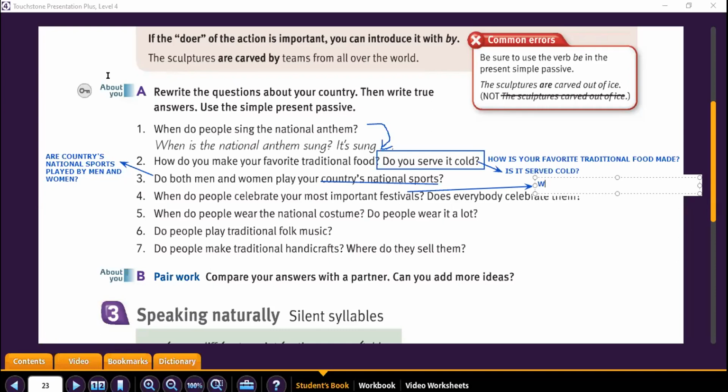When are your most important festivals? Muy bien, Cassandra. When are the most important festivals?